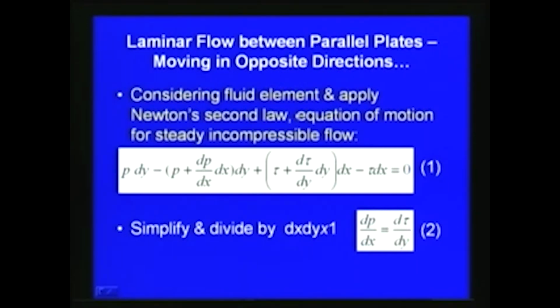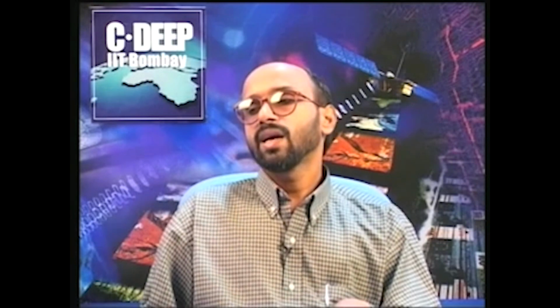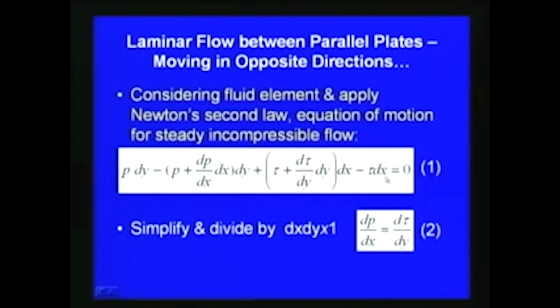Now if we apply Newton's second law, the equation of motion for steady incompressible flow, we can write the expression as p into dy minus p plus dp by dx into dy plus tau plus d tau by dy into dx minus tau dx equal to 0.